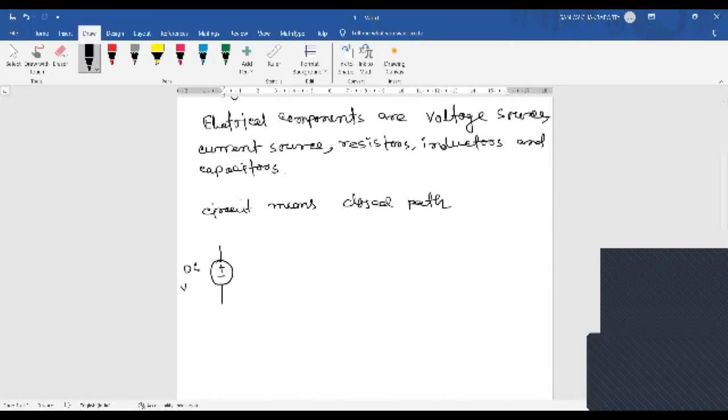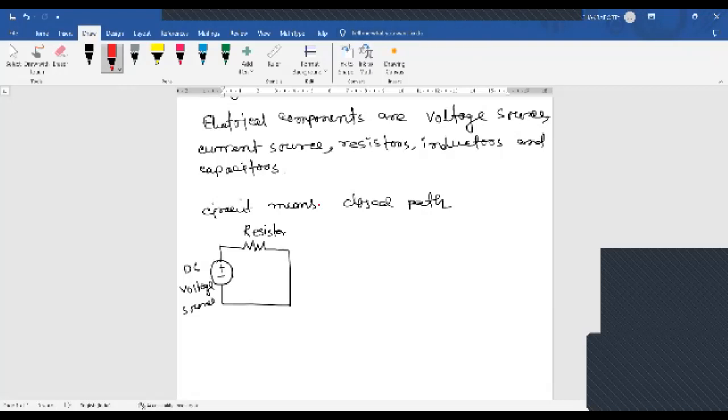This is the DC voltage source, and this is a resistor.